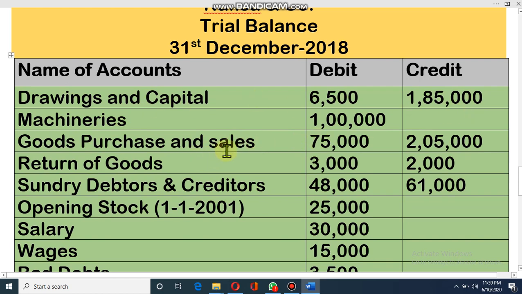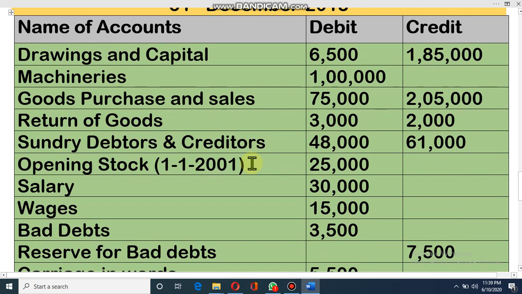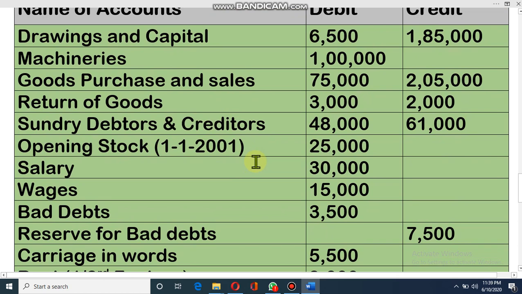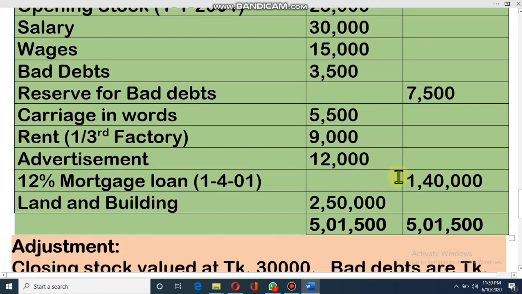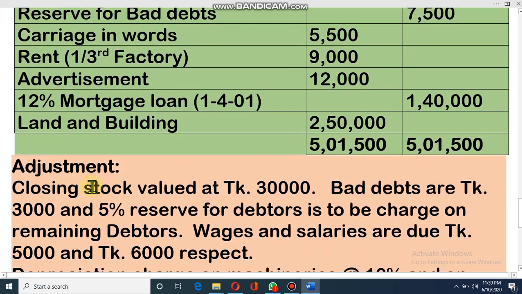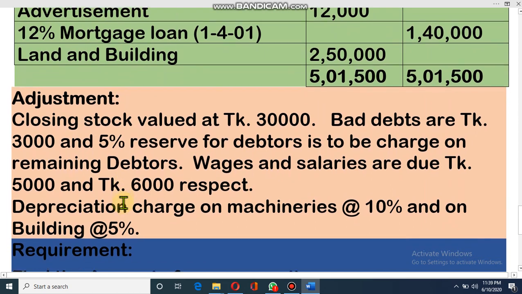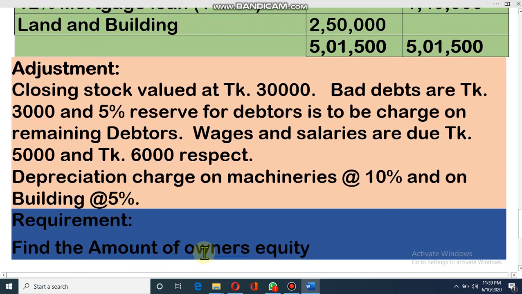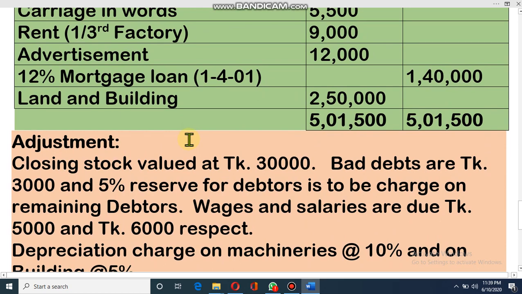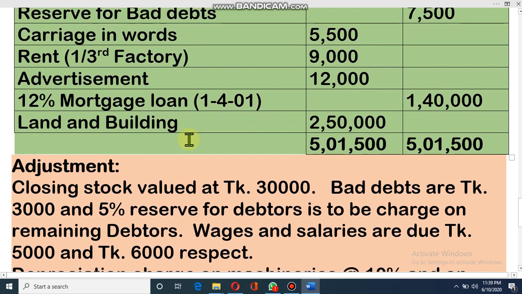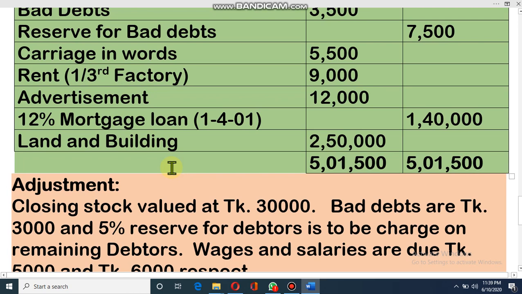Drawing, capital, machineries, etc. That means all the account balances will be given to you, and there will be some adjustment also, dear student. And then you have to find the amount of owner's equity from the statement, and it will give you 4 marks. Dear student, let's see how you can prepare this.